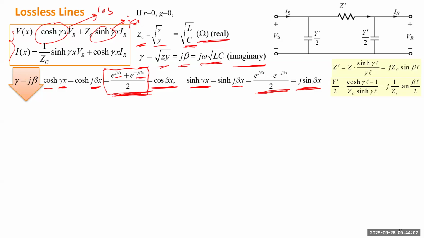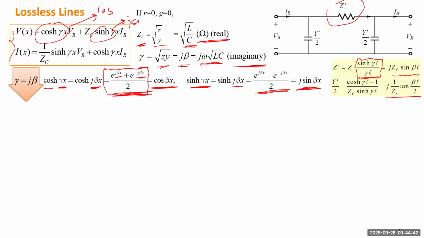So you can also simplify that factor. Originally, that's the sinh function of gamma L divided by gamma L. But right now, it basically becomes ZC times sine beta L. And the second one will become this one. So ZC is the equivalent impedance along the line.